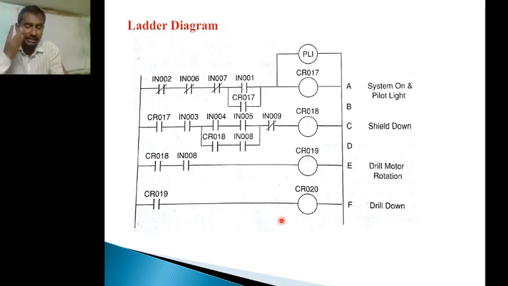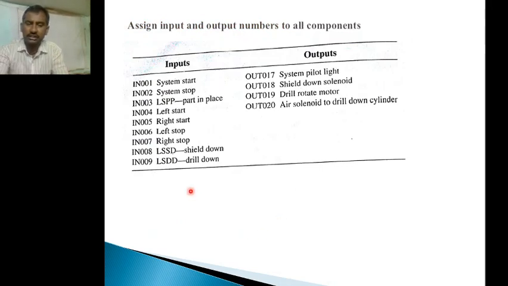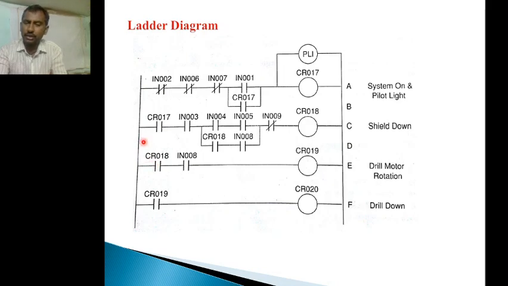So when the limit switch drill down sensor is on, it can be represented with the IN009 contact. In the ladder diagram we have the IN009 contact here. When this is on, it acts as an open contact. So when IN009 is open, the shield down will be stopped.